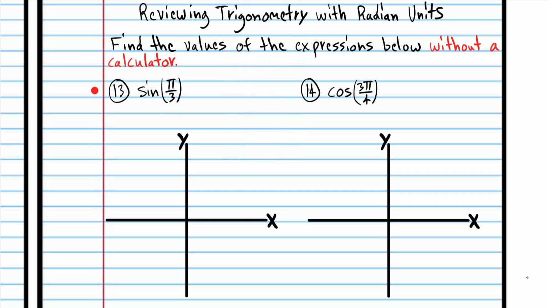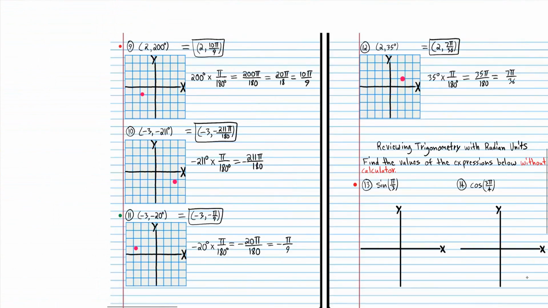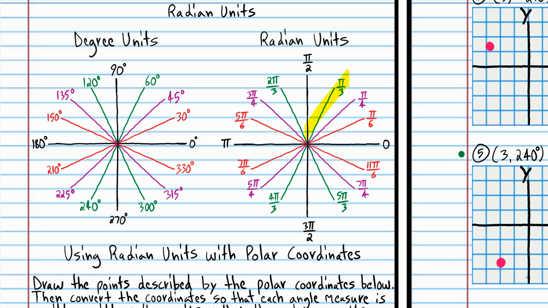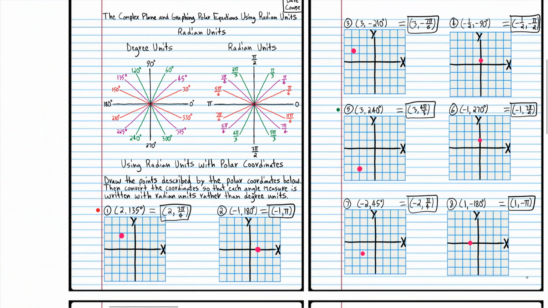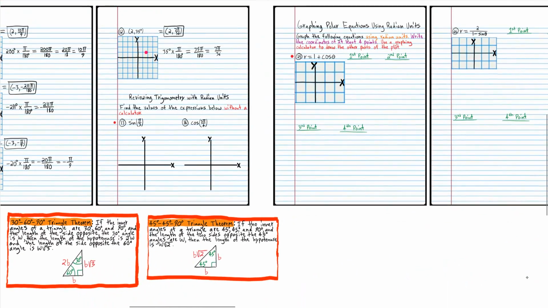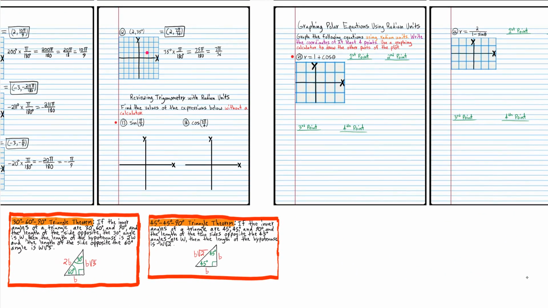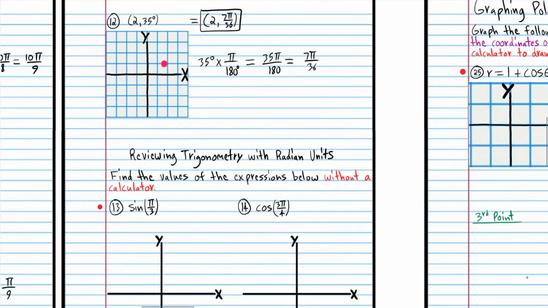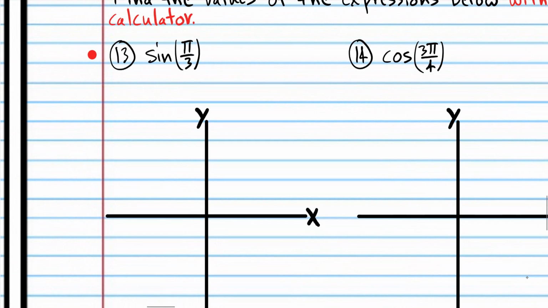So pi over 3, we need to understand what angle that is, so let's look up here. We can see that's 60 degrees, right? You should have a picture of this. But yeah, that's 60 degrees.